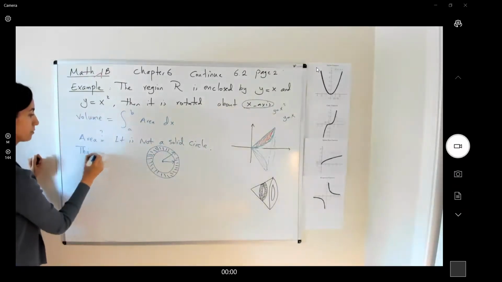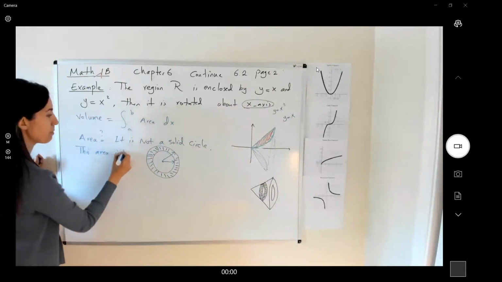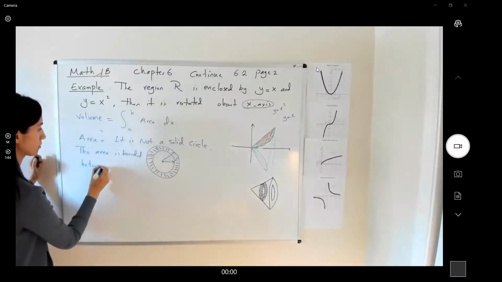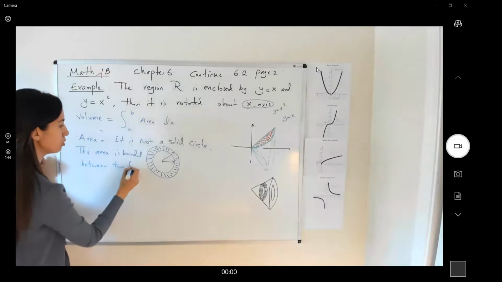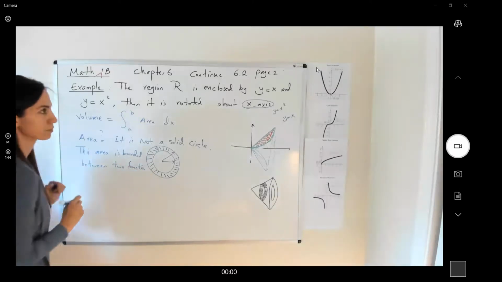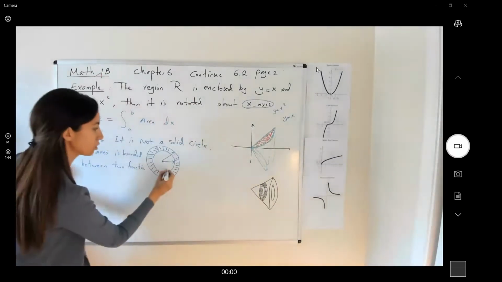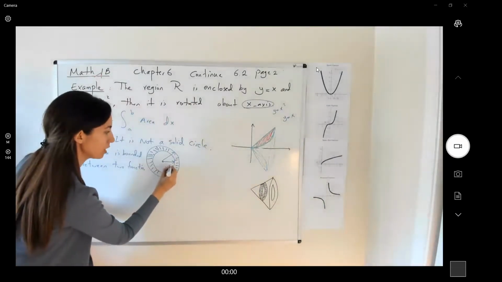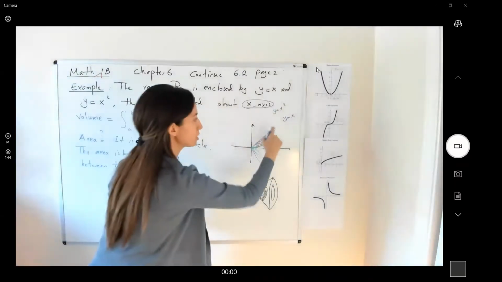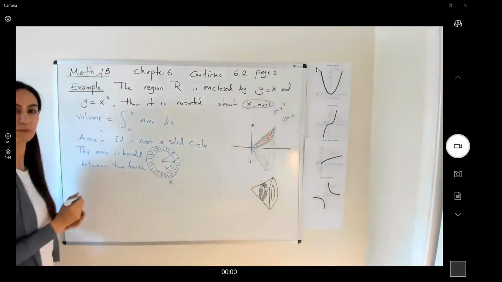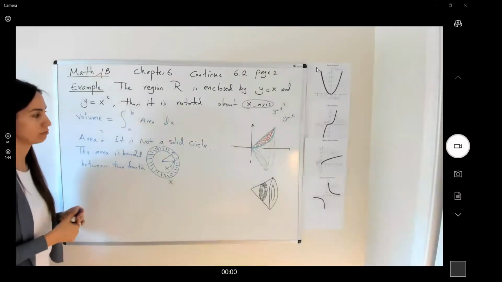This area is bounded between two functions. The inside function is x squared, and the outside function, outside radius, is x. There you go.